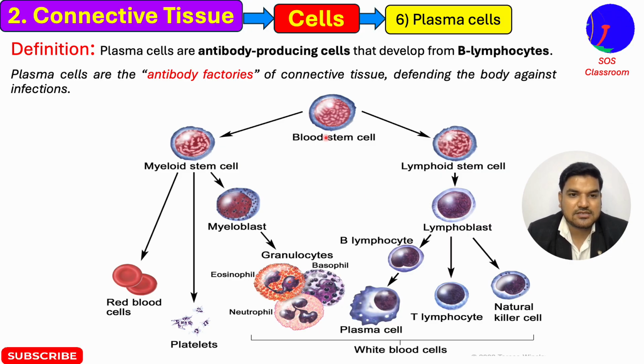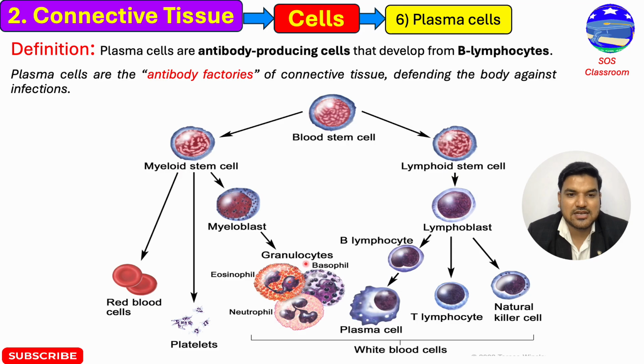For example, you can see this is the blood stem cells, myeloid stem cells, and lymphoid stem cells. Myeloid stem cells again form the red blood cells, platelets, and myeloblasts. Myeloblasts form granulocytes like eosinophils, neutrophils, and basophils. So these three cells have granules.